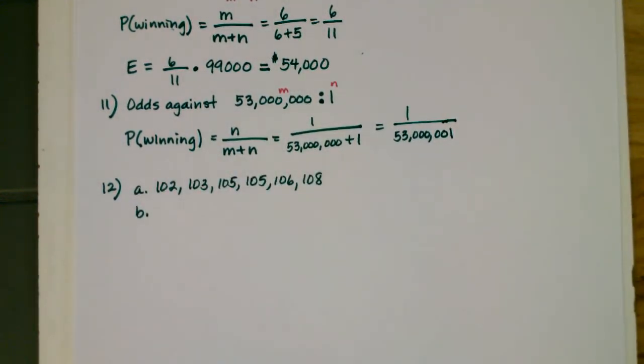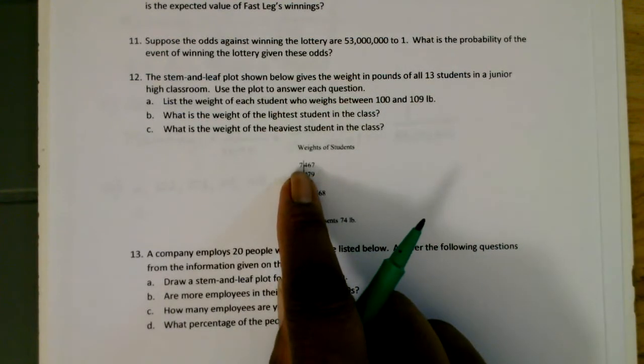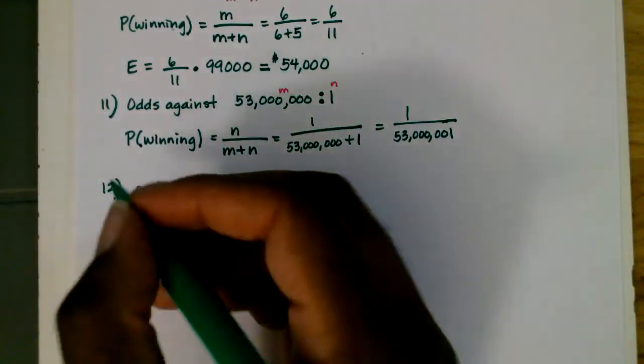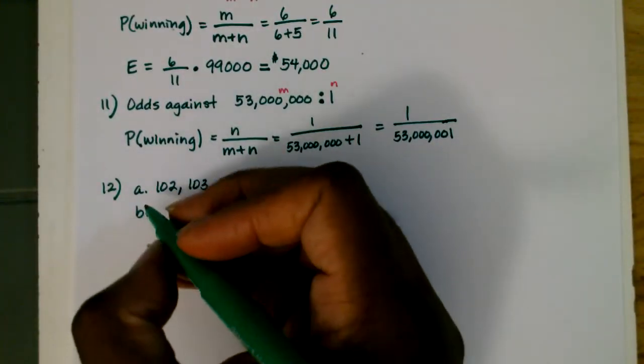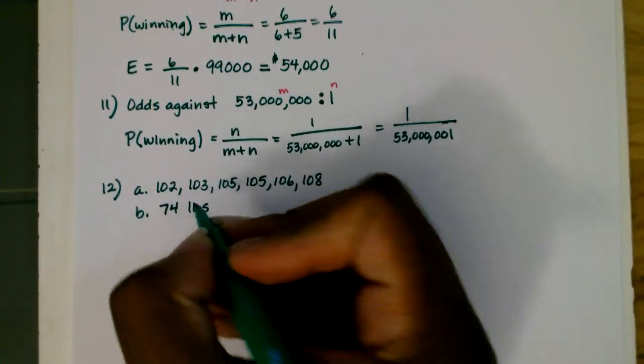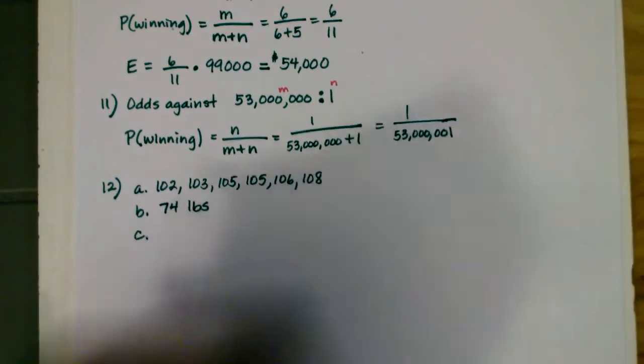All right, and now part B, it says, what is the weight of the lightest student in the class? Well, the smallest stem is 7. And for that, the smallest leaf is 4, so it's got to be 74. So that means the weight of the lightest student in that class is 74 pounds.